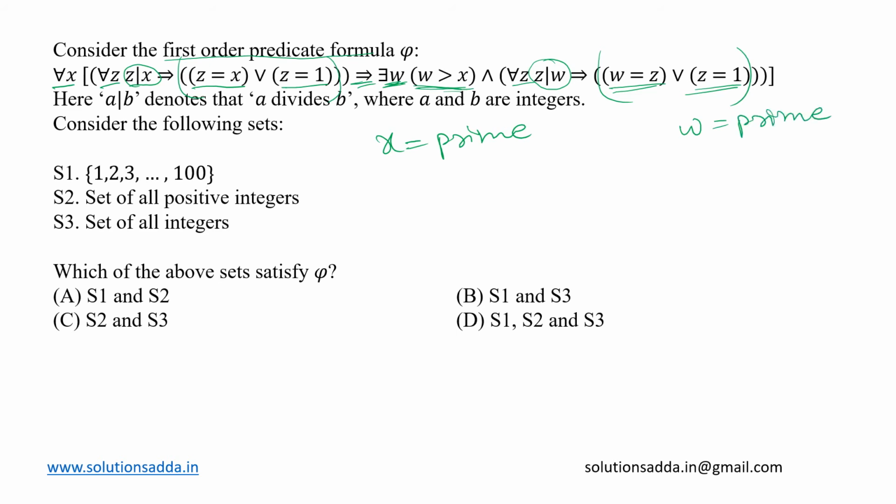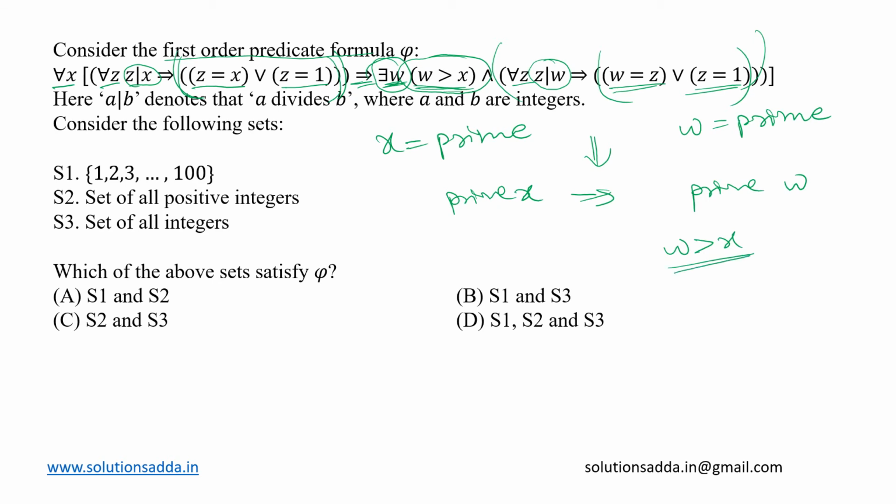So combining both the parts together, it is simply saying that if X is a prime number, then there exists a W such that W will be greater than X and W will also be a prime number. So we can further simplify it to say that for a given domain, if there is a prime number X, then there will also exist another prime number W such that W is greater than X.